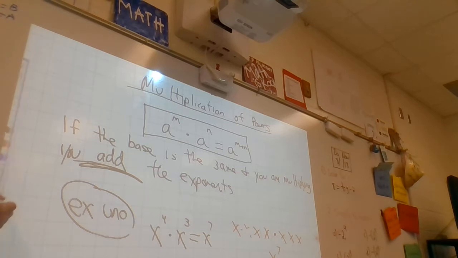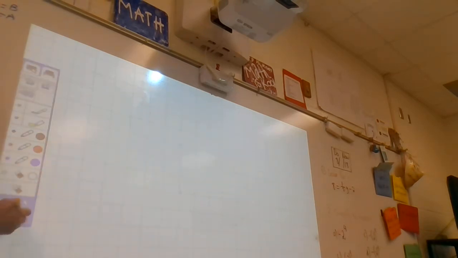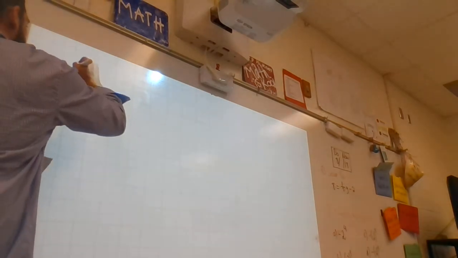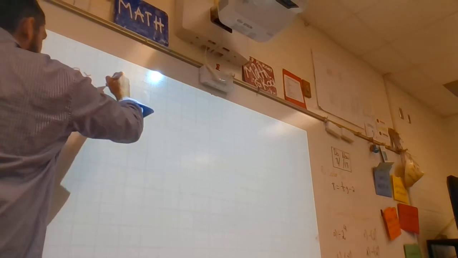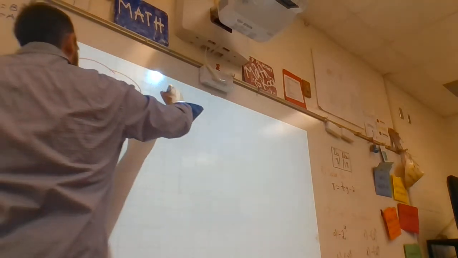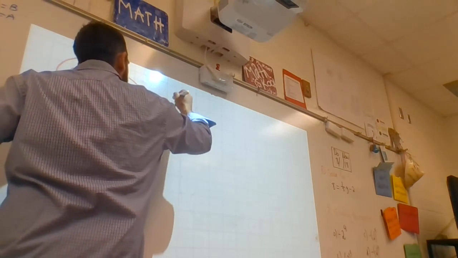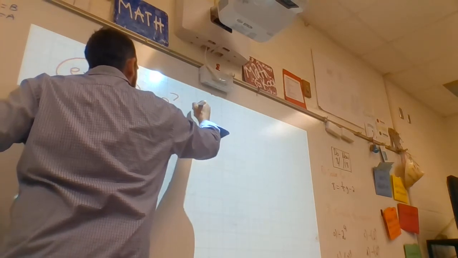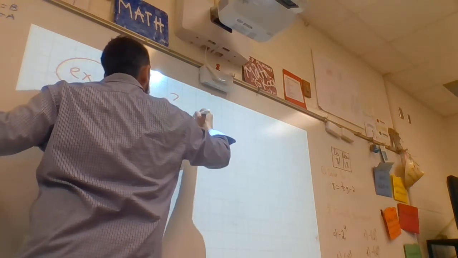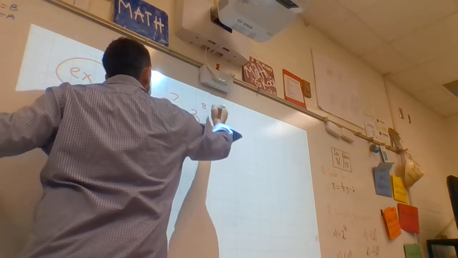Okay. Example dos. That's two, Spanish for 2. Let's say 3 to the 7th times 3 to the 8th.